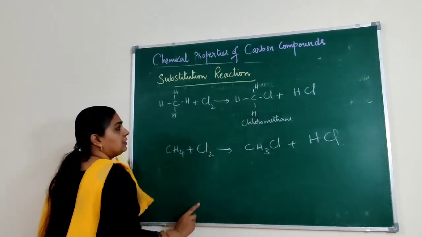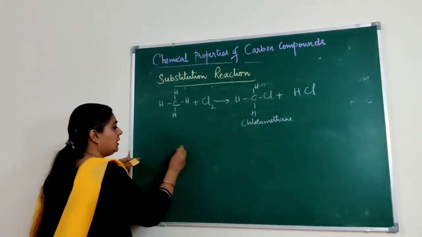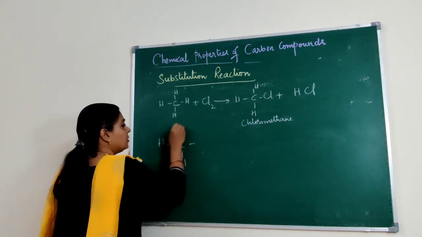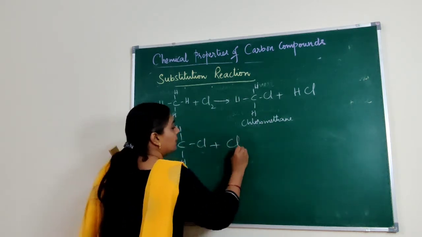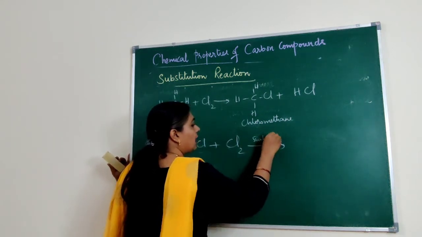Now let us take CH3Cl. CH3Cl plus Cl2 in the presence of sunlight. Okay, now what will happen?